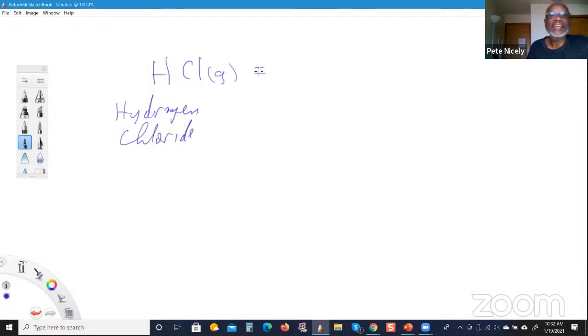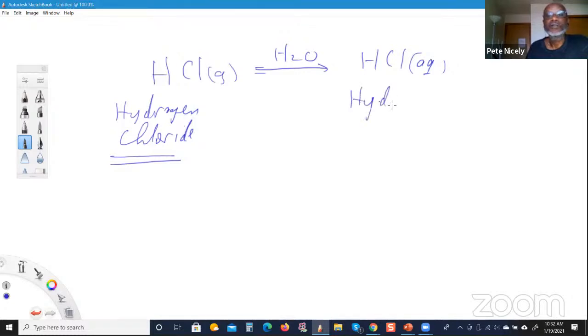Now, if you add HCl to water, it becomes HCl aqueous, right? The name of this is different from the name that we have here. This is going to be called hydrochloric acid, all right?